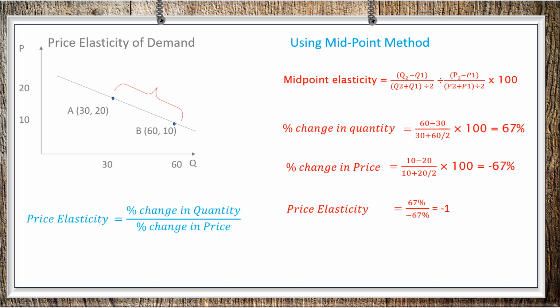However, mathematically, we take the absolute value of the results. For example, from this illustration, we see that a -1 means a 1% price drop equals an increase in quantity of 1%, or a 1% increase in quantity means there is a 1% decrease in price.